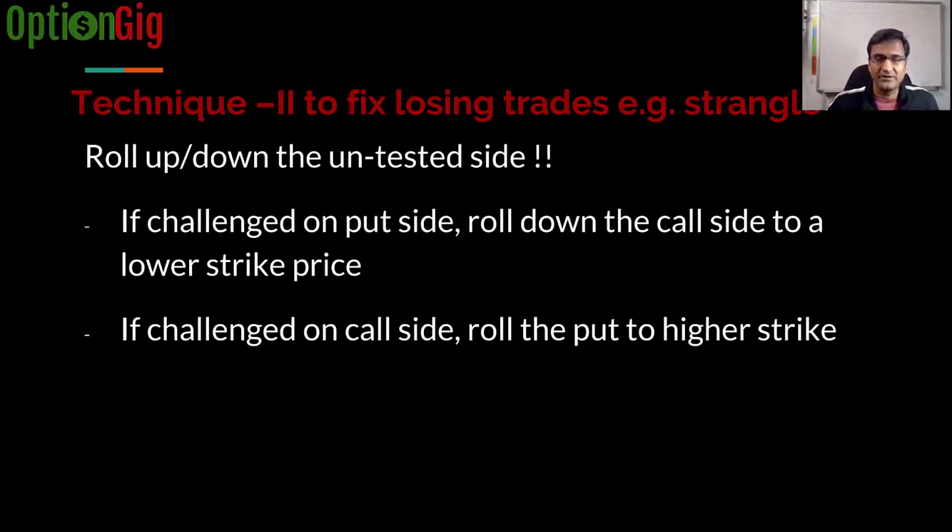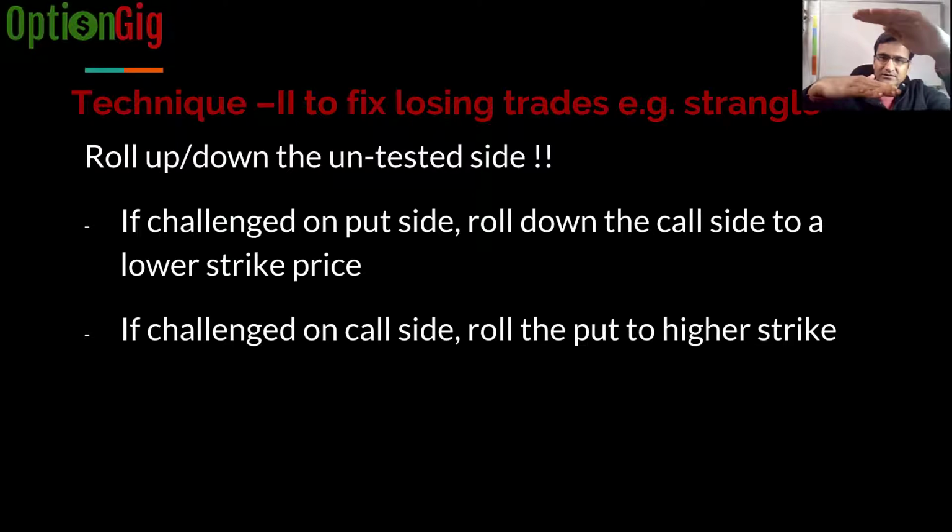Just to recall, a strangle means you have a short put and a short call above it. Let's say the stock is trading right here. You sell a put below the stock price and you sell a call above the stock price.